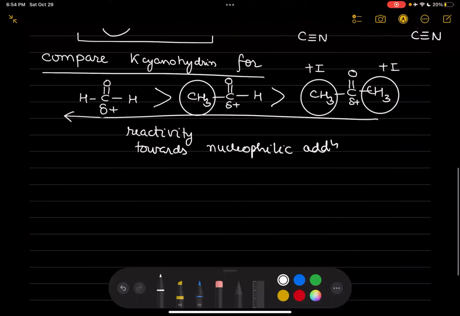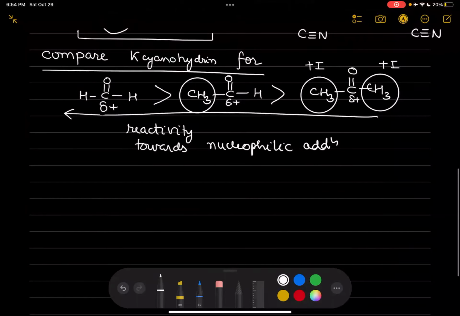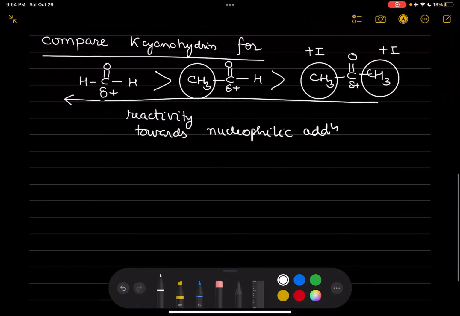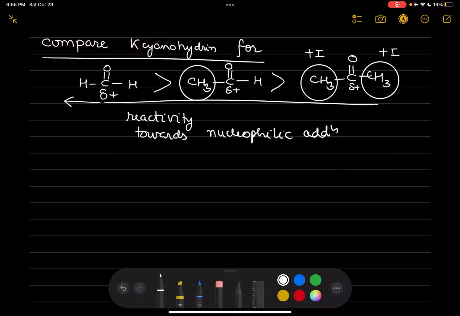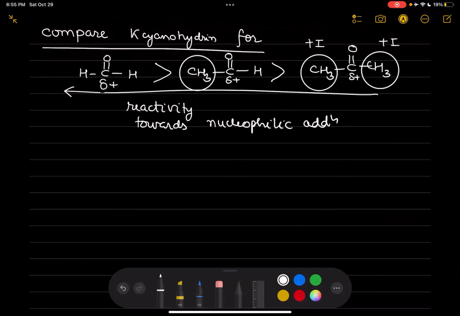Okay, is it clear? Yes, sir. So that is very important. And the cyanohydrin is going to form very quickly for formaldehyde, methanol, then for ethyl, ethanol, and then for propanol. So I hope this is clear to you, right?